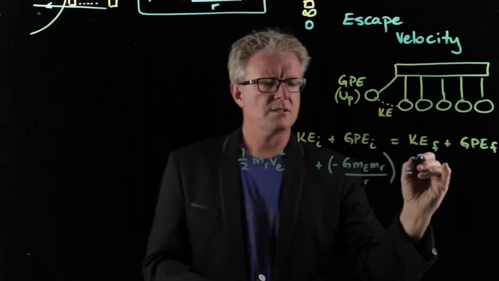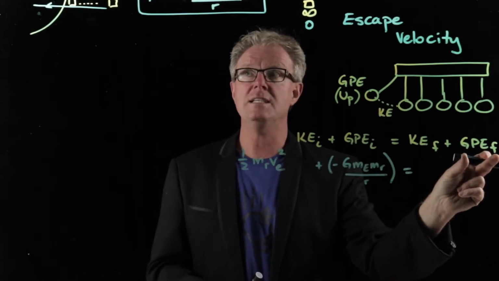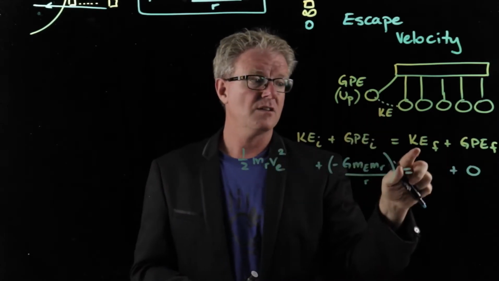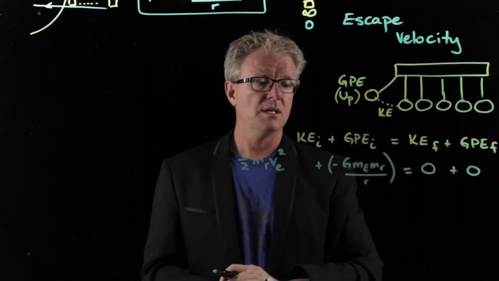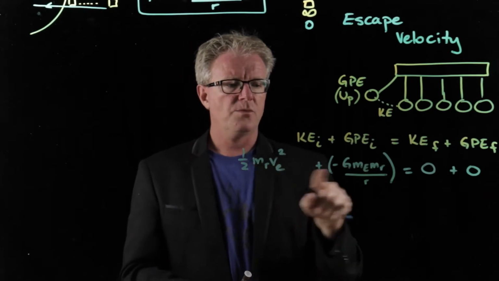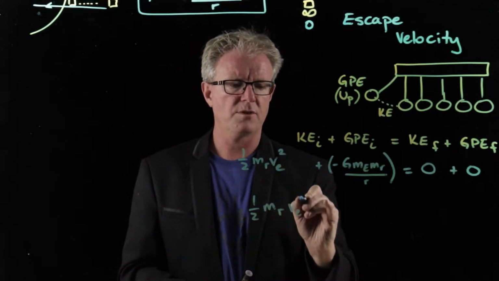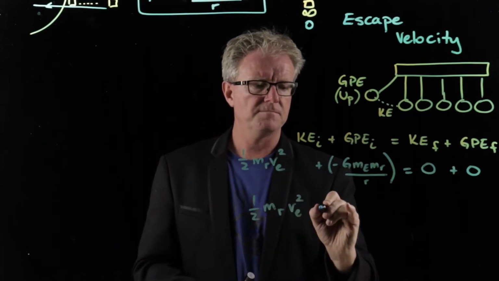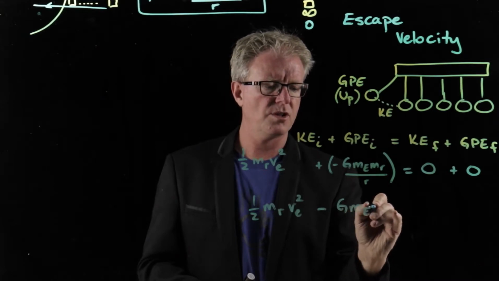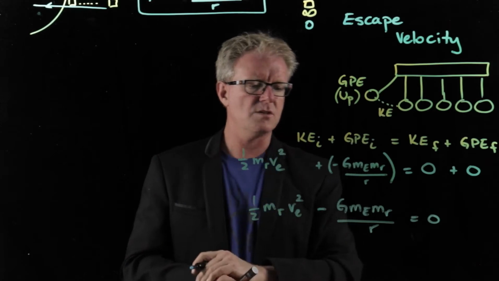All of this is initial, and we said at infinity gravitational potential energy is 0, and of course at infinity the kinetic energy is 0. So really, this whole equation equals 0. So if we do this equation out, we've got a half the mass of the rocket times escape velocity squared, minus G, mass of the Earth, times mass of the rocket over r equals 0.